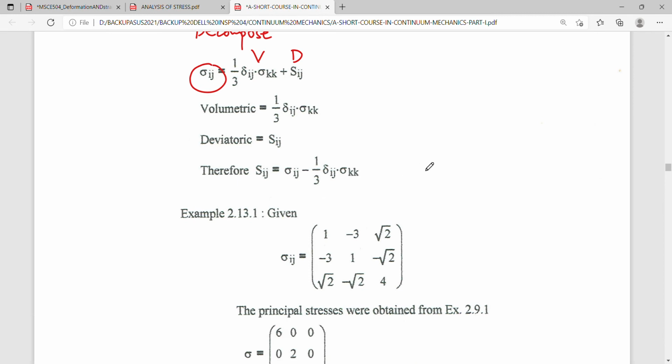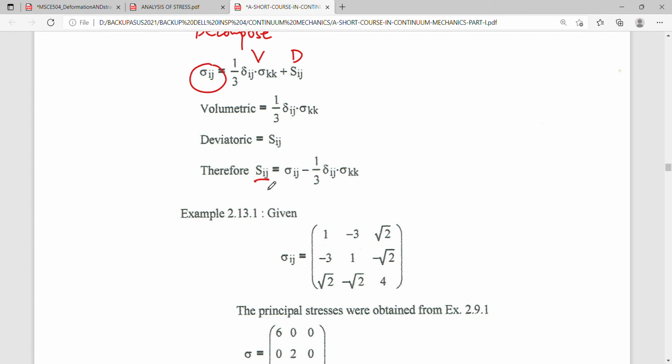So of course, if you are trying to decompose the two, the total must still be the same stress matrix or stress tensor, such that if we now back compute the deviatoric part here, we simply subtract the volumetric from the original stress tensor, and we get this one here.